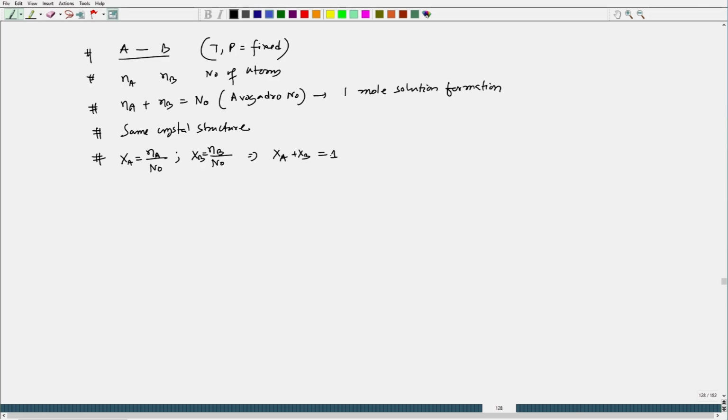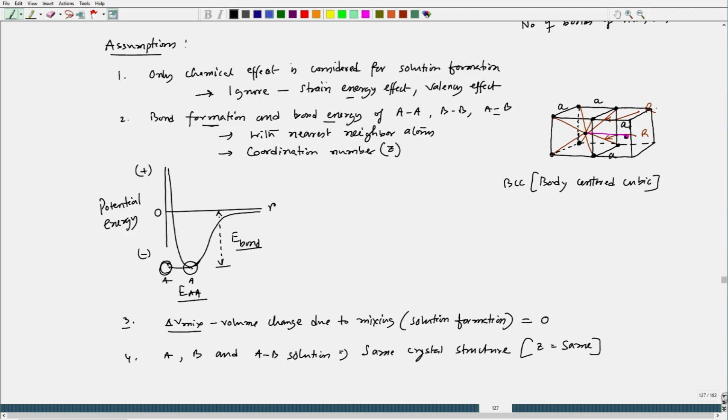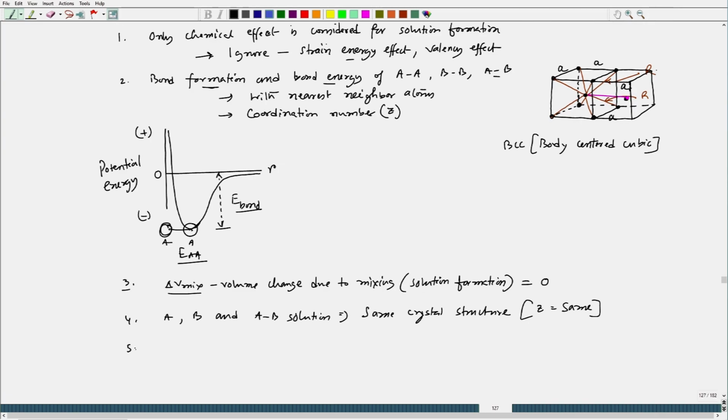Fine. In fact, we have missed one more assumption. Let me write down that assumption. We will have a consideration of entropy of mixing.